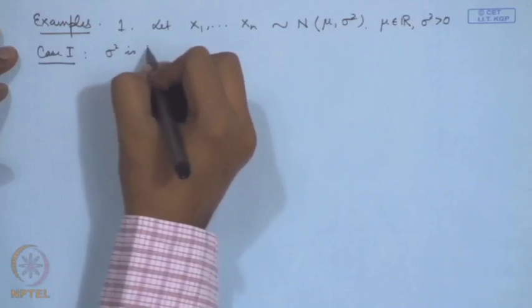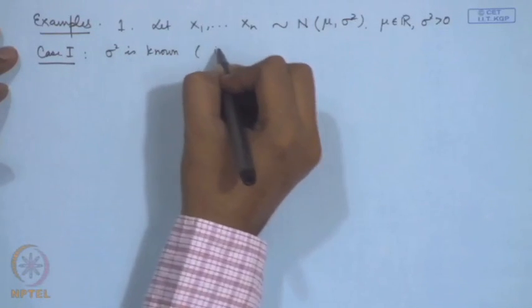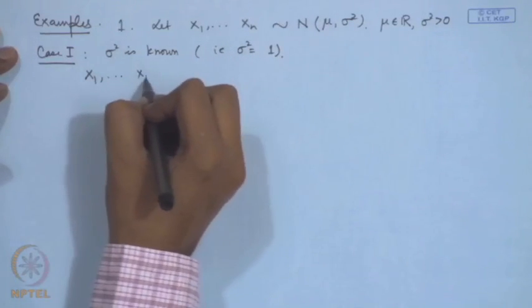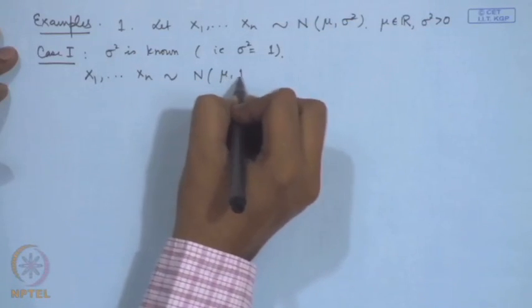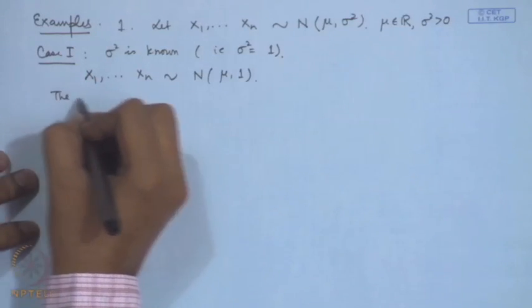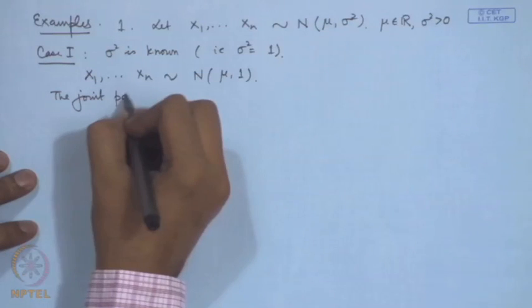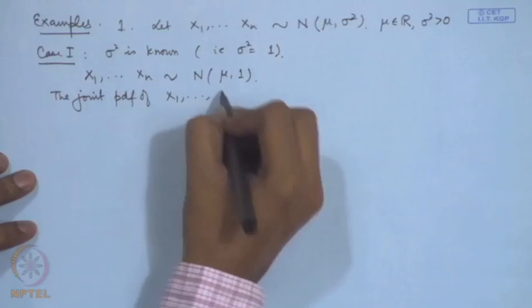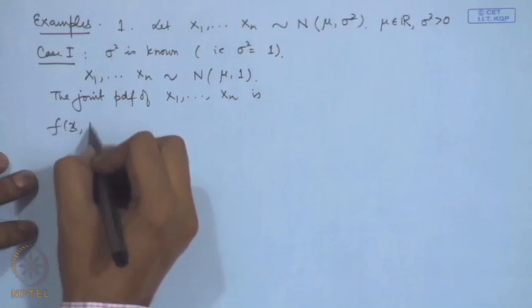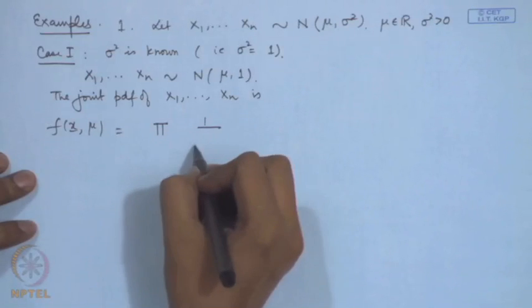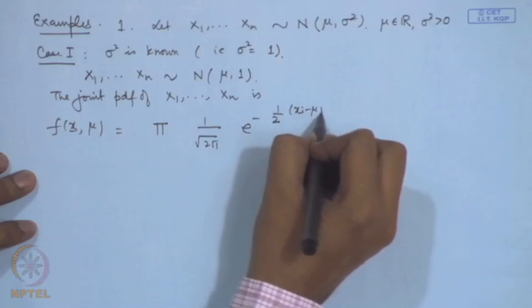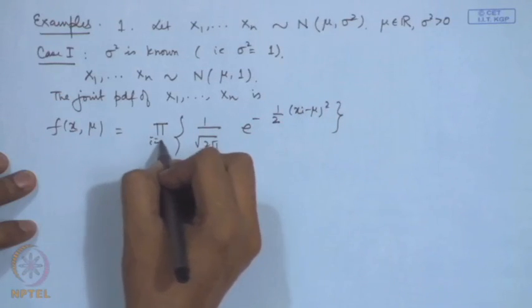Suppose I say sigma square is known, say sigma square is equal to 1. That means, I am saying x1, x2, ..., xn follow a normal(mu, 1) distribution. Now, let us write down the joint distribution of x1, x2, ..., xn. That is equal to the product of 1 by root 2 pi e to the power minus 1 by 2 (xi minus mu) square, i equal to 1 to n.